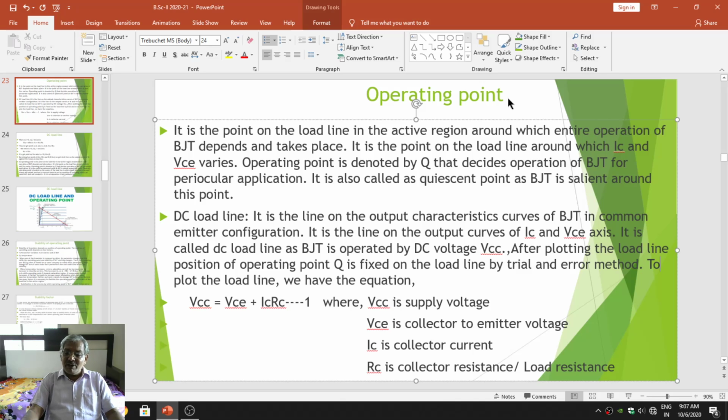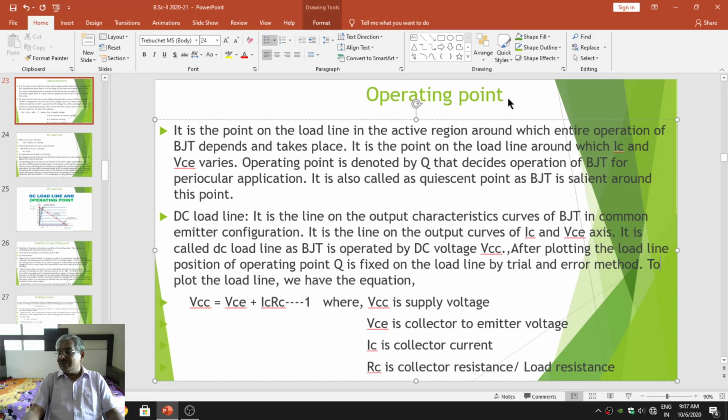One can also define the operating point as a point on the load line around which the variation of IC and VCE are taking place. So all these definitions are valid for the point which is located on the load line in the respective region of output characteristics of the BJT.